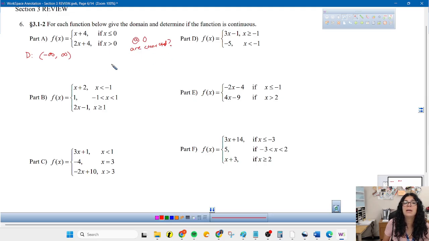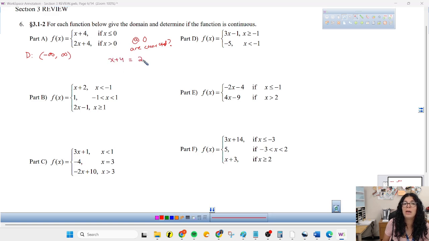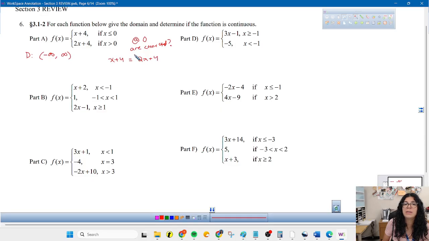In order for them to be connected, the one equation has to equal the other equation at specifically the x value of 0. So that's the question, is 0 plus 4 equal to 2 times 0 plus 4? Well, 0 plus 4 is 4. 2 times 0 plus 4 would also be 4. So yes, they are equal, they are connected. Yes, this is continuous.